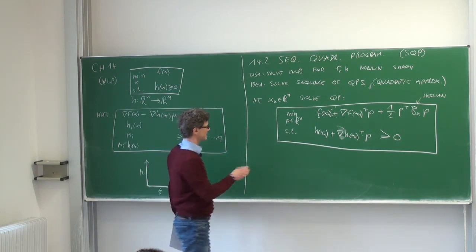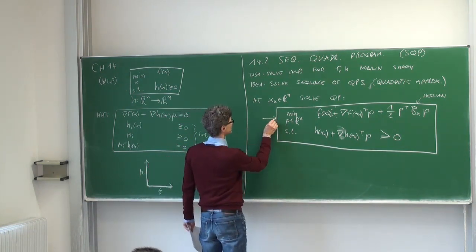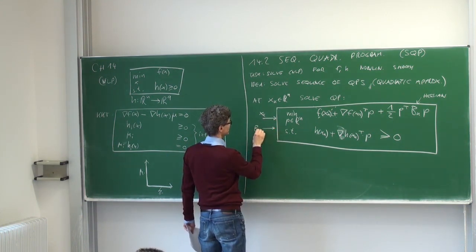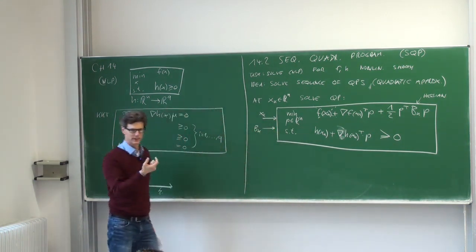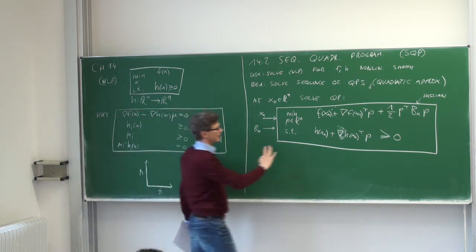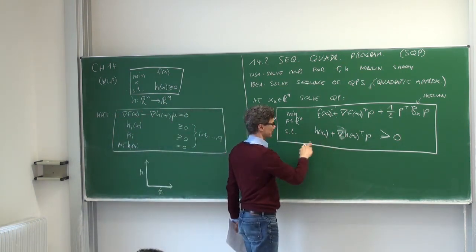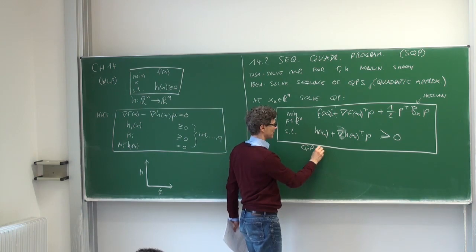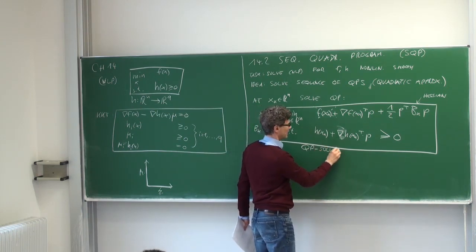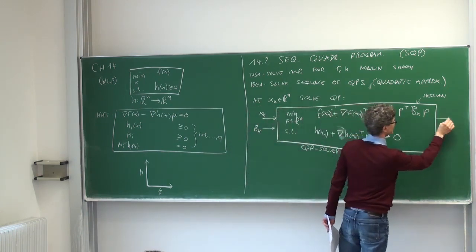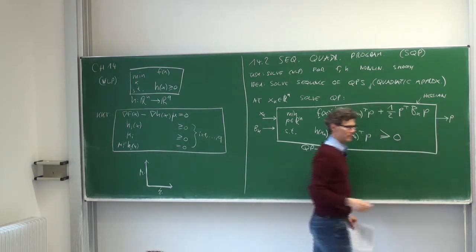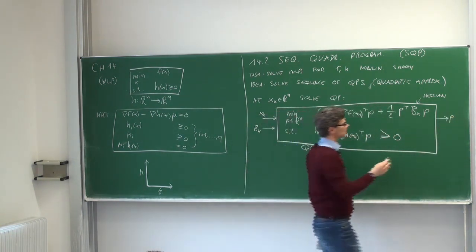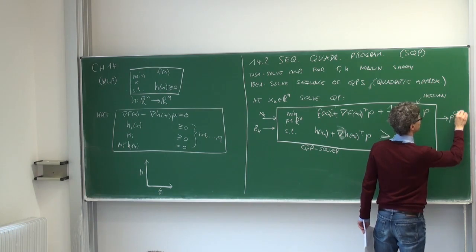So what we get basically is we input into this an xk, and also, I should say, in reality, we also input a bk, because we need to decide on these two things. Then this machinery is solved with the QP solver. And what it spits out is a p. And maybe we call this p_QP.